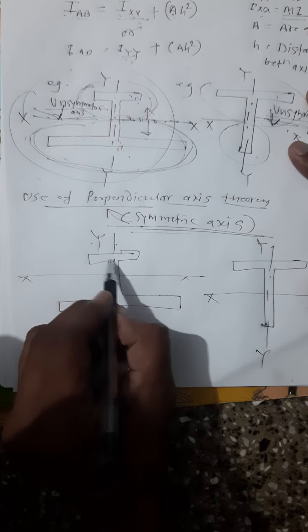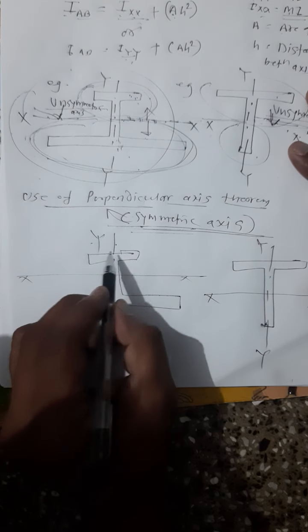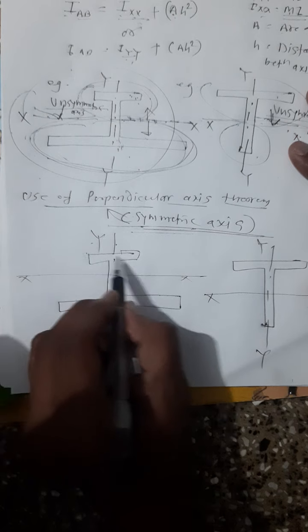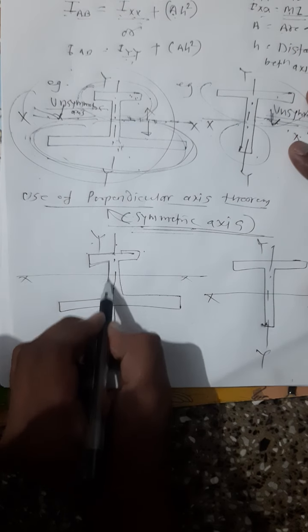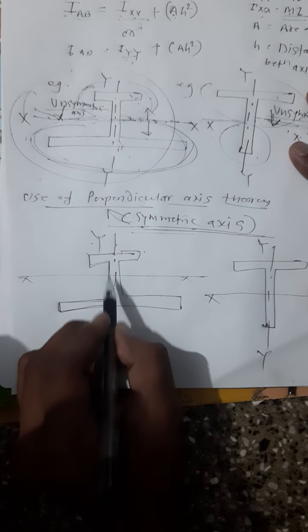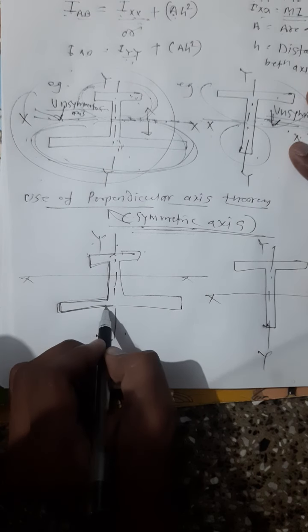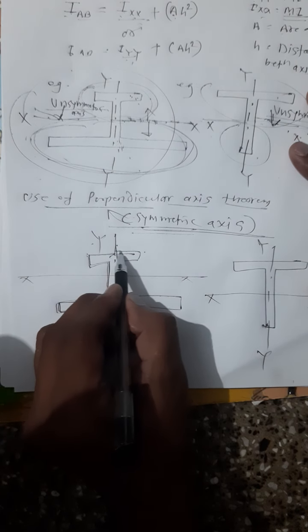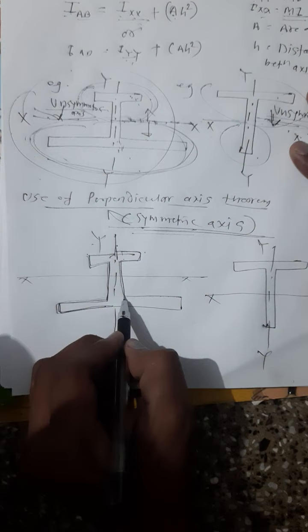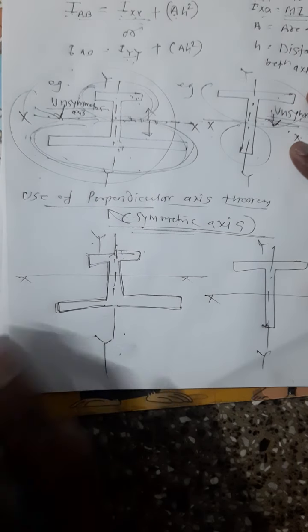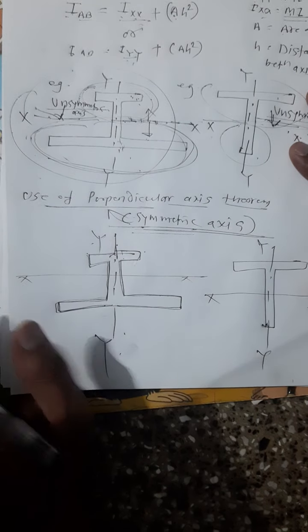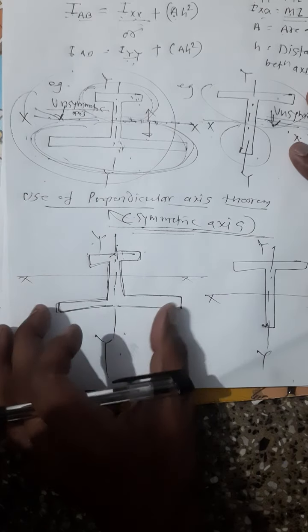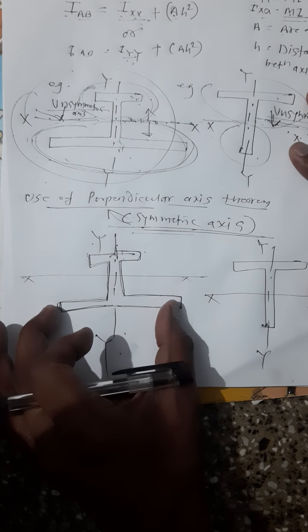Symmetric axis means, see, the y axis is the vertical axis. Just the left side of this vertical axis and the right side of this vertical axis: the left side has this kind of shape and dimension. In a similar way the right side of this y-axis has the same and similar dimension. So the left half and right half have the same dimension.